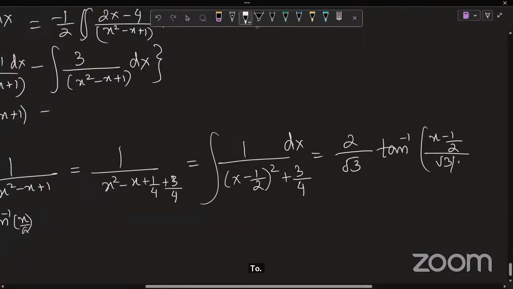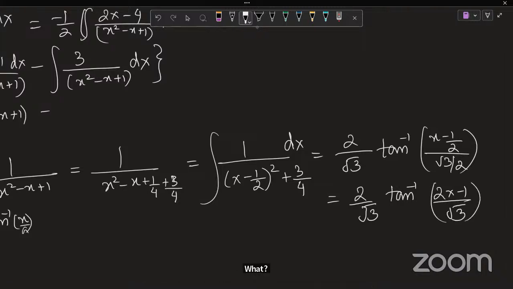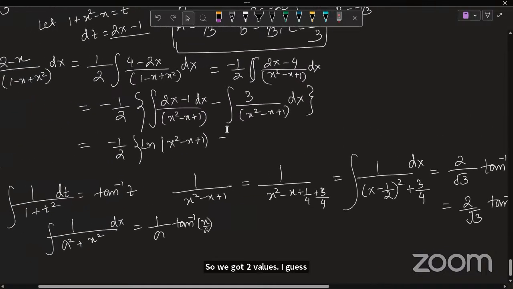Root 3 by 2, and it will become 2 by root 3 tan inverse 2x minus 1 by root 3. Yeah, so we got the values. I guess the integration is completed now.